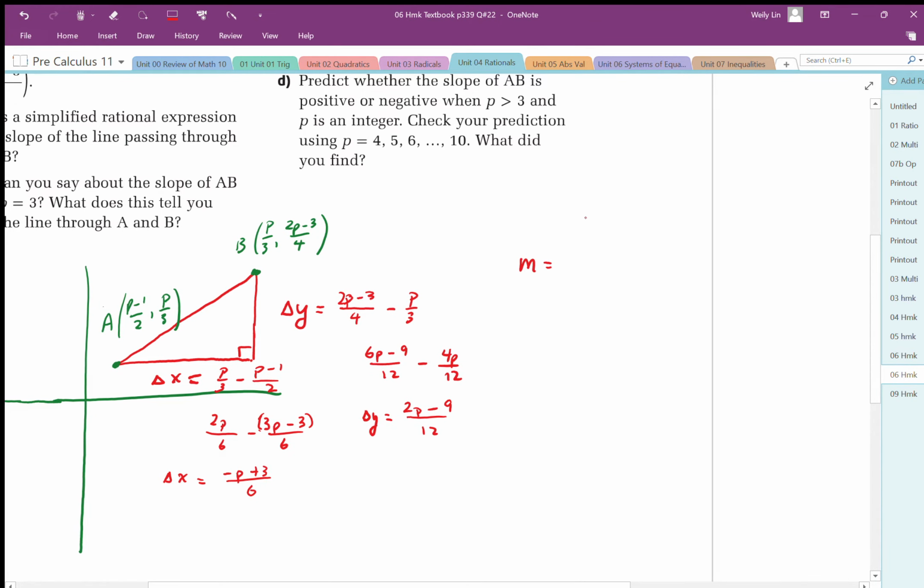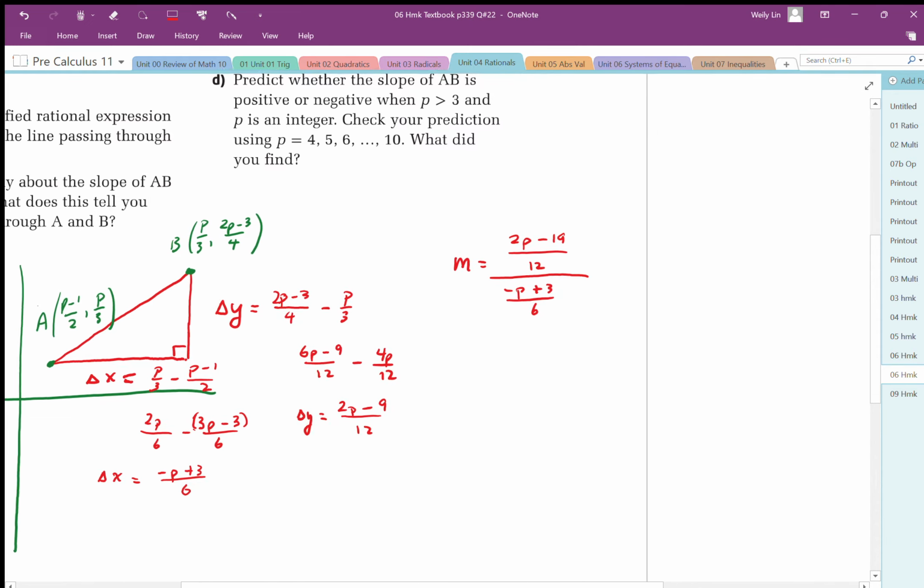When I simplify this, I'm going to end up with (2p minus 9)/12 divided by (negative p plus 3)/6. There are a few ways I can simplify this. I can multiply top and bottom by 12 to get rid of the divide by 12, or I can make the denominator in the denominator equal to 12 and then cancel out the denominators.